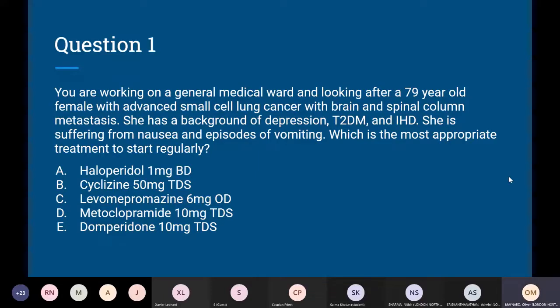It seems like the majority went for D, metoclopramide, and if I show the correct result, it's B, cyclizine, and I'll go on to describe why.